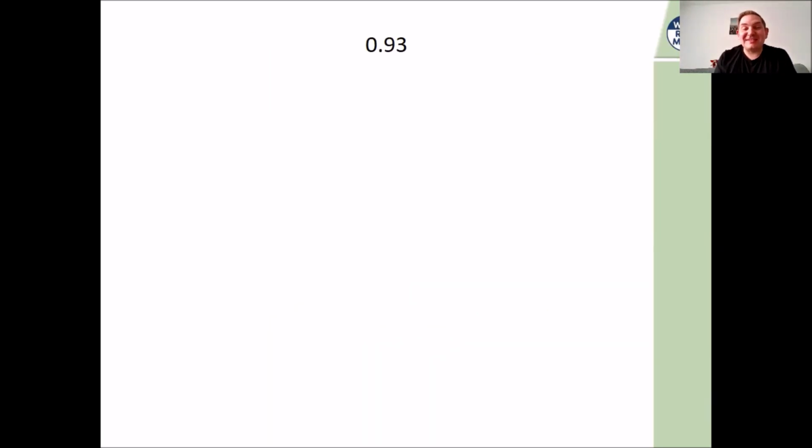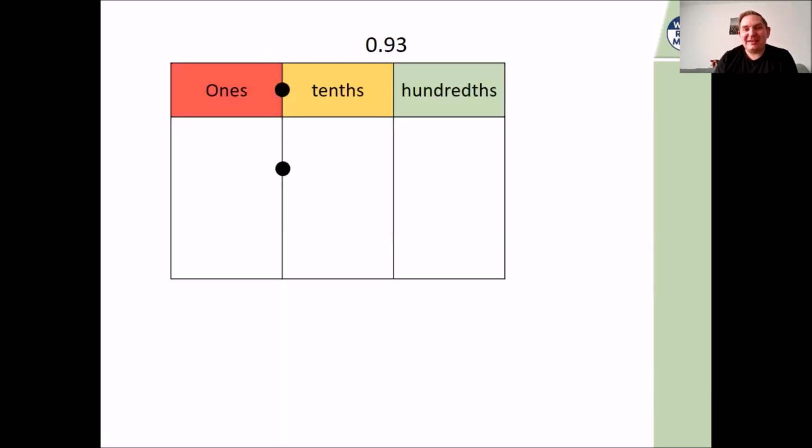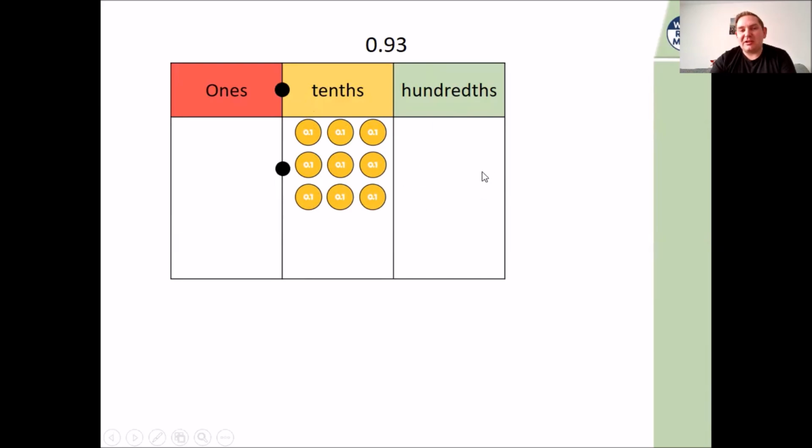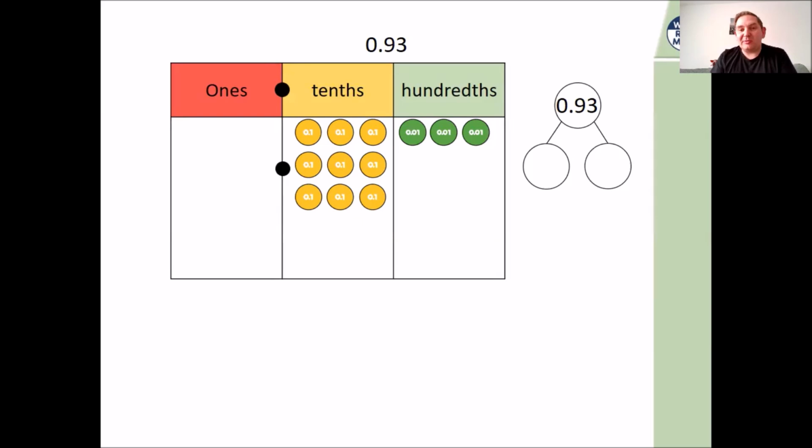So here we have 0.93. Here's our place value chart. We can see that the 9 goes in the tenths column, which shows that we have 9 lots of tenths. So in the hundredths column, we would need how many hundredths? 3. We have 3 hundredths in the hundredths column. This can be represented in a part-whole model.